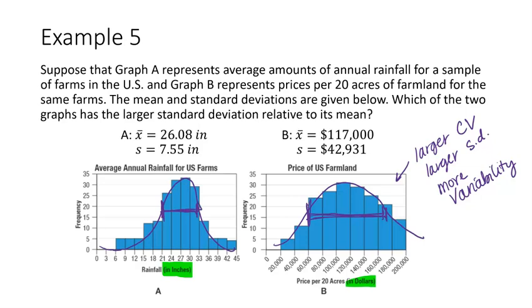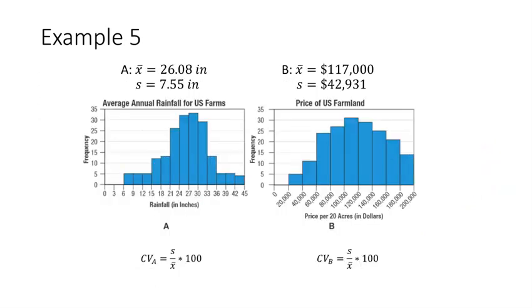However, we don't want to just be guessing at this. Sometimes it's so close that we really do need those calculations to verify. So what we're going to do is we are going to take our mean and standard deviation that they gave us, and we're going to calculate their CVs. On the screen, I have a reminder of the formula for the sample that they've given us.